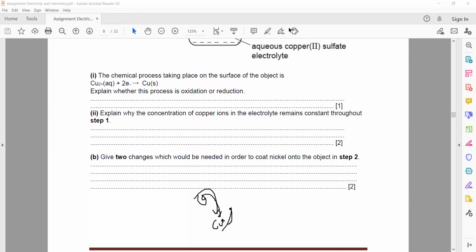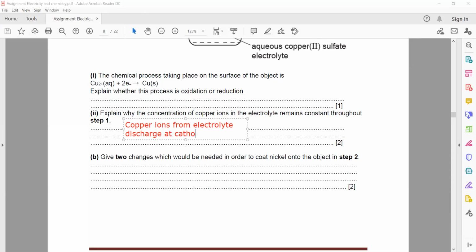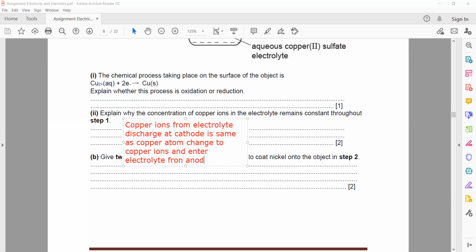So for the answer, you have to mention that copper ions from the electrolyte move towards or discharge at the cathode, which is the same as copper atoms changing to copper ions and entering the electrolyte from the anode.